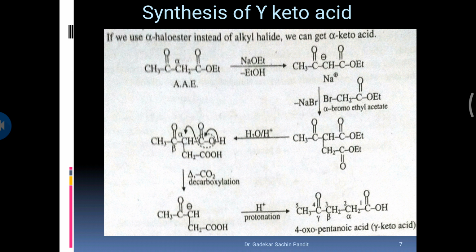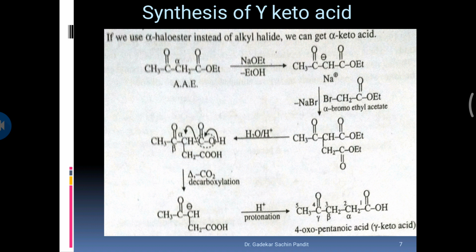So ethyl acetoacetate reacts with sodium ethoxide to form the sodium anion, the carbanion of acetoacetic ester, and this reacts with alpha bromo ethyl acetate to form a substitution product, and then hydrolysis, heat and protonation give 4-oxopentanoic acid, a gamma keto acid.